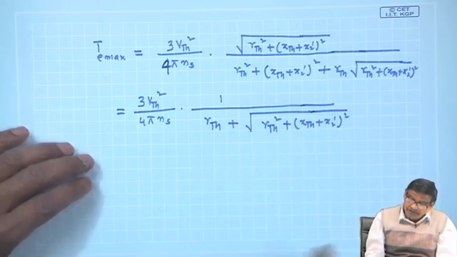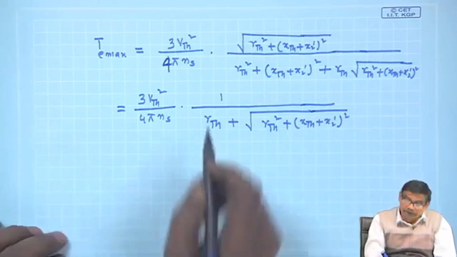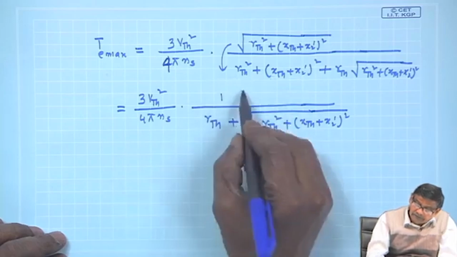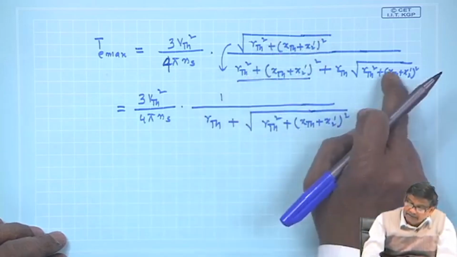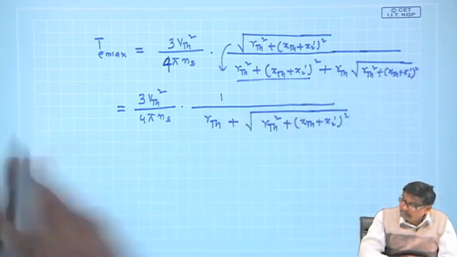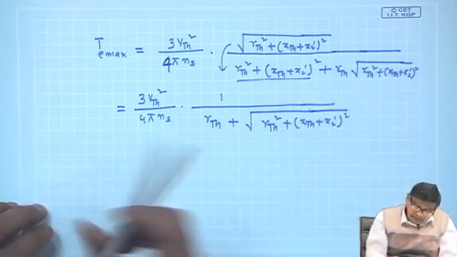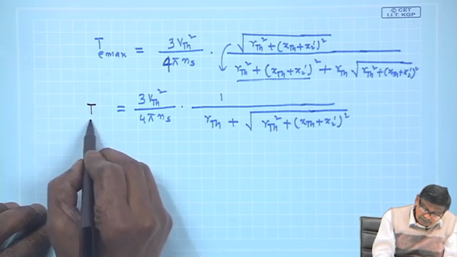No further simplification is possible. So, bring this down. Okay. So, this will yield, when you divide this term, this cancels out and R Thevenin. So, this is the expression of the T E max.